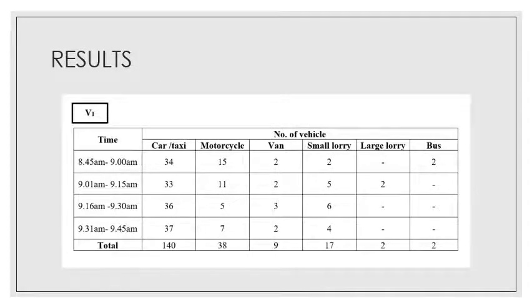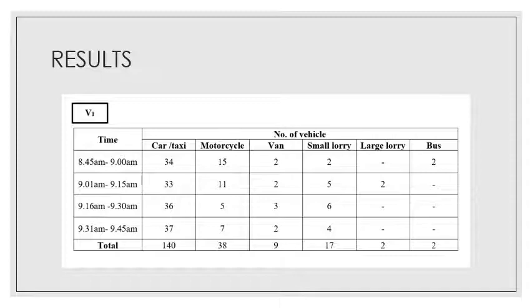Let's say you have conducted the lab for 1 hour, at every 15-minute interval. Here is the example for V1. You have prepared a table according to classes: car, motorcycle, van, small lorry, large lorry, buses.